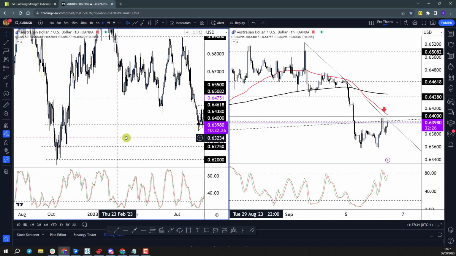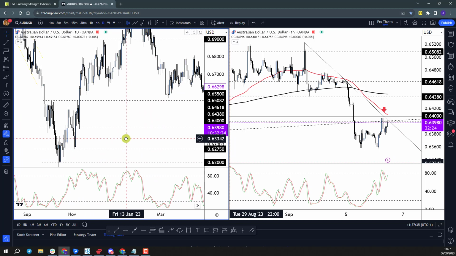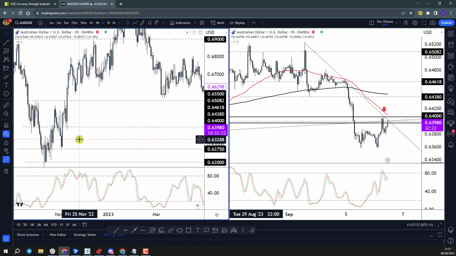Now, if I just go left, the reason why I think the 0.6275 area could be a target is because it's this low that formed back on Thursday, the 3rd of November. The reason why I'm targeting 63 as well is because obviously it's a psychological number, so I want to come out potentially just before that 63 number on my first target position.